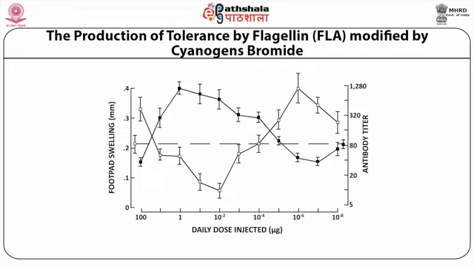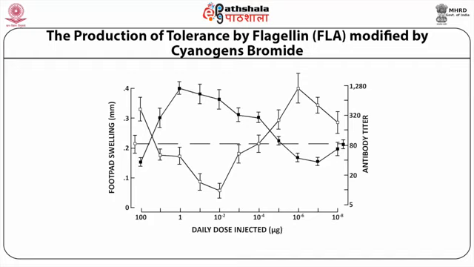Parish found out that an acylated flagellin, which still retained its capacity to precipitate the antibody in vitro to a high degree, however, was no longer an immunogen. When injected, it produced no antibodies.